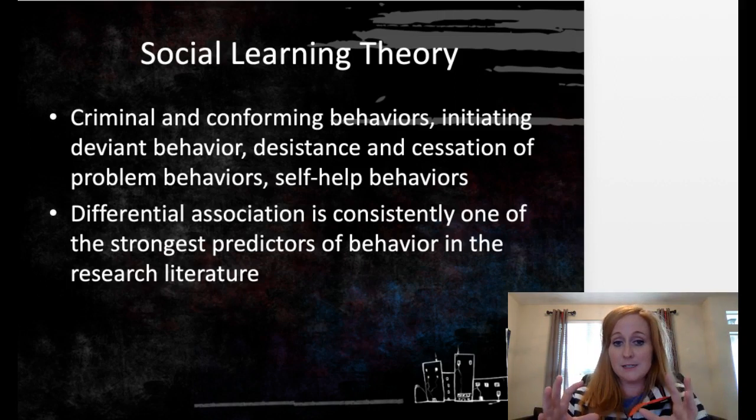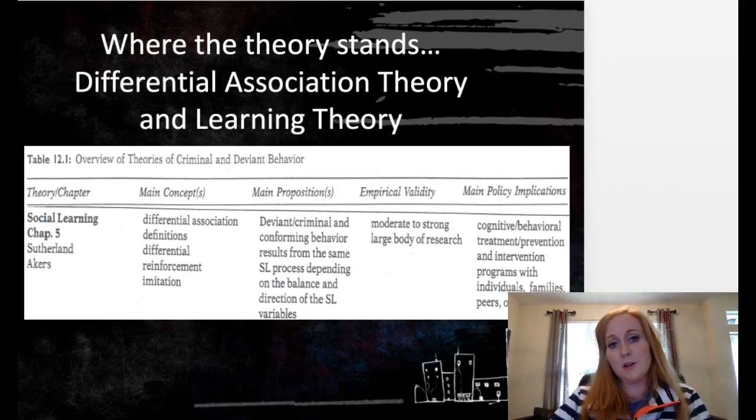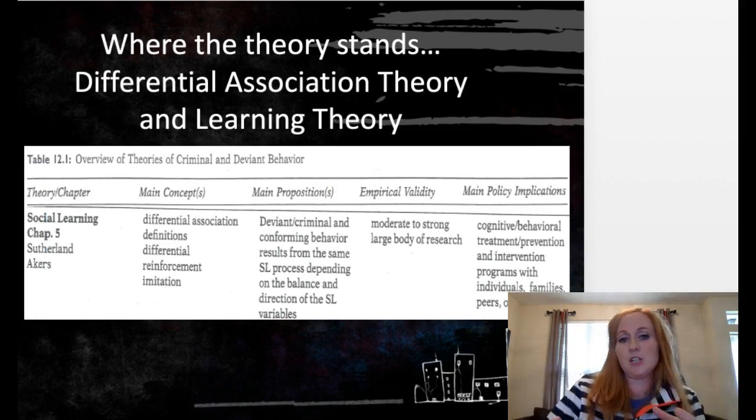And realize that differential association and social learning theory are consistently the strongest predictors of behavior in the research literature, and I'll actually show you the evidence here. So where the theory stands, this comes from a criminological theory book, a graduate level book. So it says, okay, we have these social learning theories by Sutherland and Akers. Their concepts are definitions and reinforcement and imitation.